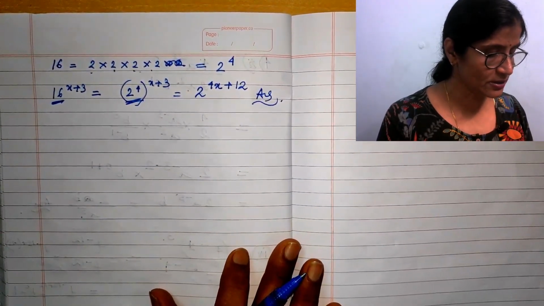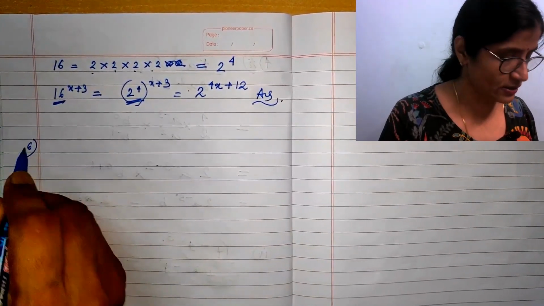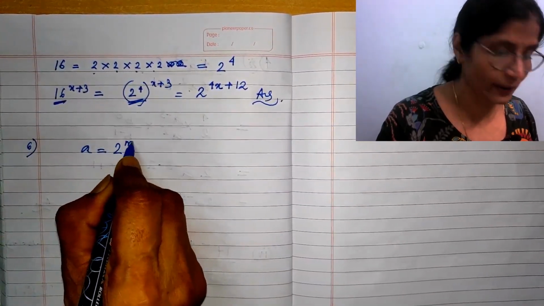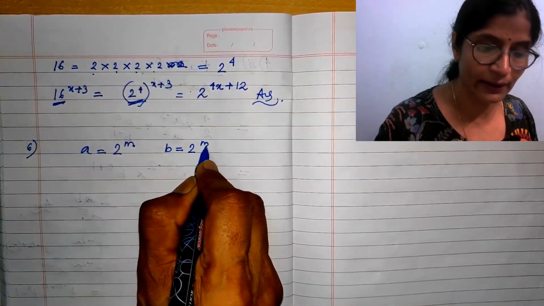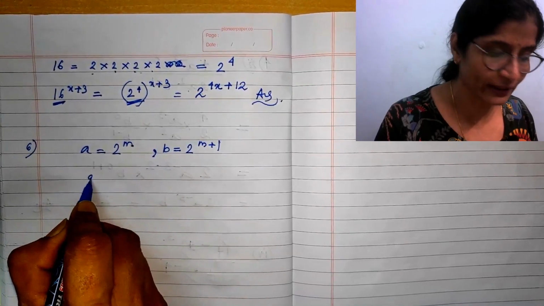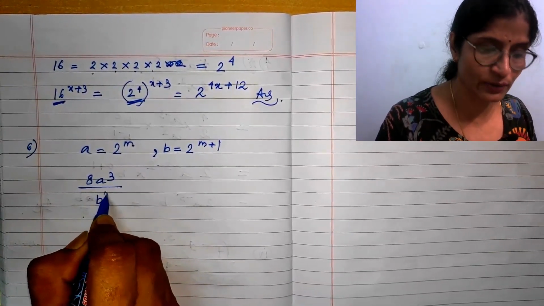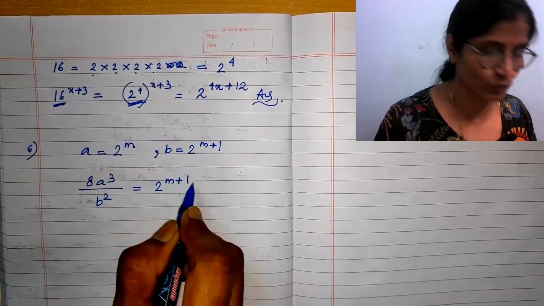Next sum is sum number 6. a is equal to 2 to the power m. b is equal to, given, 2 to the power m plus 1. You have to prove that 8a cube divided by b square is equal to 2 to the power m plus 1.